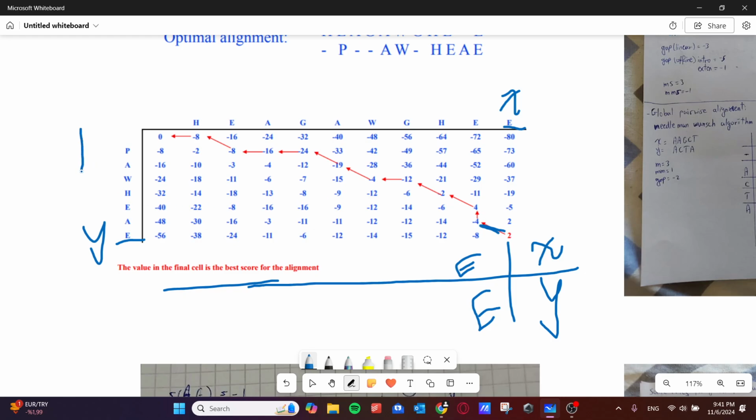Vertical is parallel to the y. So we put the y and let the x be empty. Then diagonal, which is E and E again. Diagonal again. We take both letters, H and H.